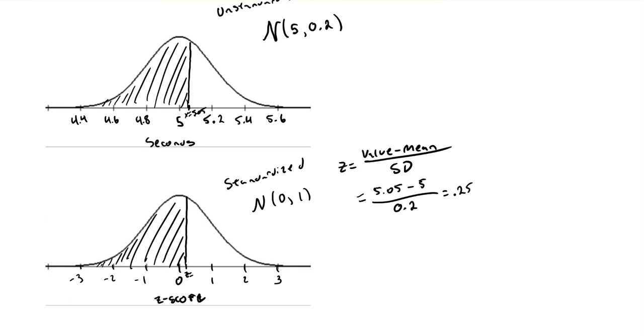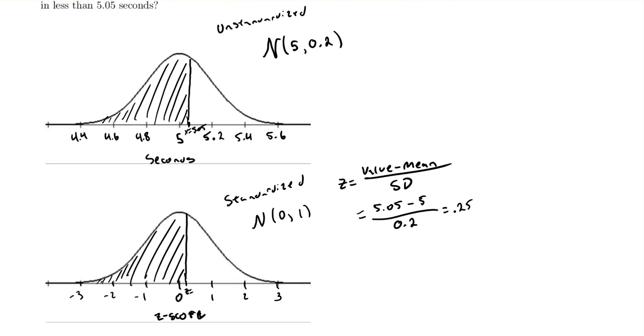Now what we need to do is use some sort of special table. We don't have enough tables to create unstandardized tables for all our scenarios, whether it be this seconds activity, tests, or whatnot. So what we've done is we have a standardized table to find our solution, or our area, down in this bottom picture, because we know that area will be the same as the top picture.